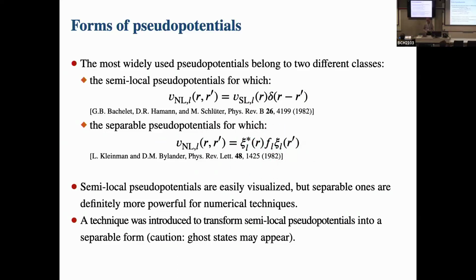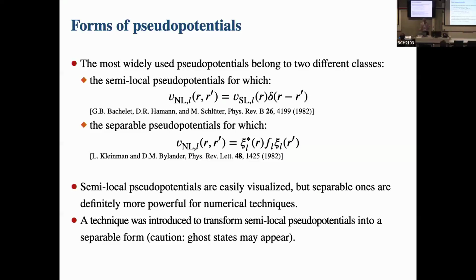Okay? So the semi-local potentials are easy to visualize, but the separable form is much more efficient in terms of numerical treatment. And so there has been a development of a transformation from one to the other.